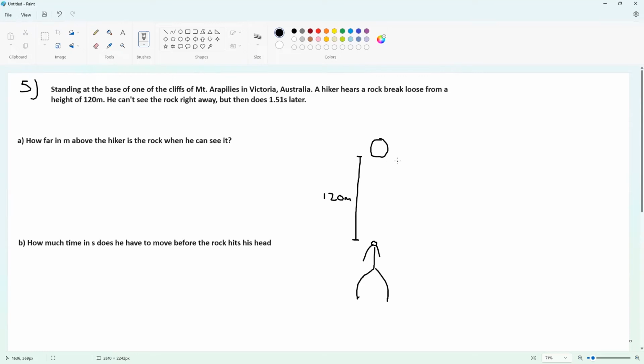And he can't see it until about 1.51 seconds later. So this is t equals 0, and at t equals 1.51 seconds, it has fallen some distance.